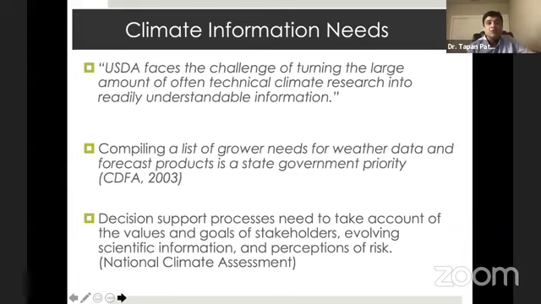They want to compile a list of growers' needs for weather-related information and products. And then we heard from yesterday's speaker that there is a lot of that information and services out there in India too, which was pretty impressive. The National Climate Assessment also mentioned that we need this decision support system, but it also needs to integrate values and goals of stakeholders and their perception of risk and things like that to make it more useful to the community.